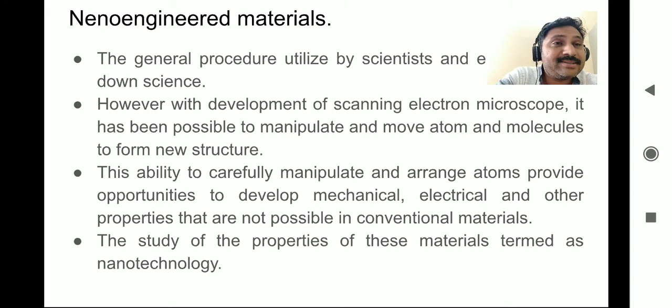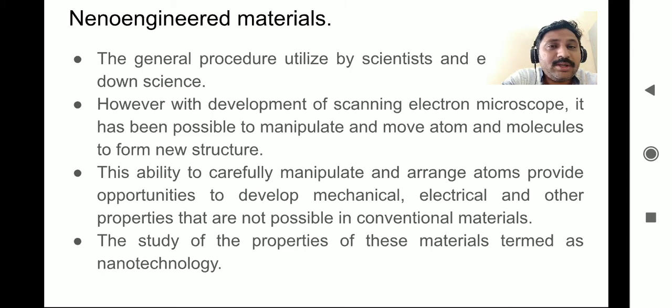So to enhance that kind of property, these nano engineered materials are very useful. Manipulating means some kind of calculation of up to which level we require these atoms or molecules, which gives the property as per our requirement.